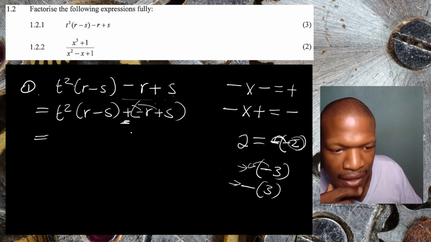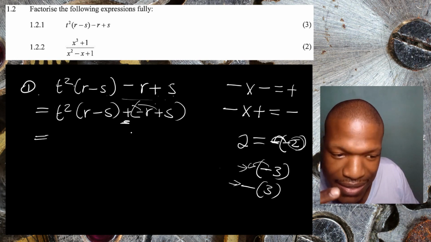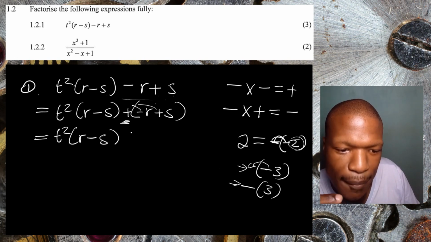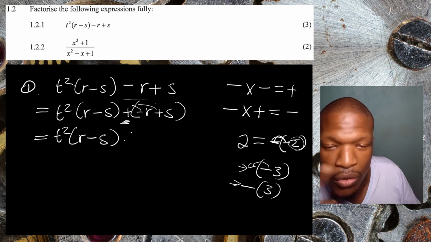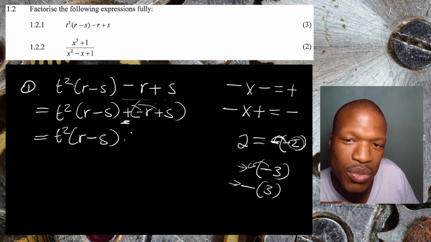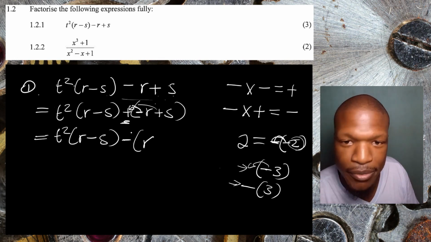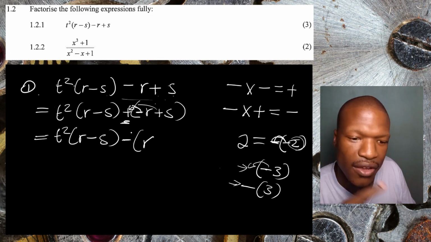So let's carry on. My next step will be t squared (r minus s) plus. This plus will be influenced by the negative as we take it outside, right? This negative comes from this side to this side. So that will be negative, open bracket. Then my r will be positive because I took out the negative from it.